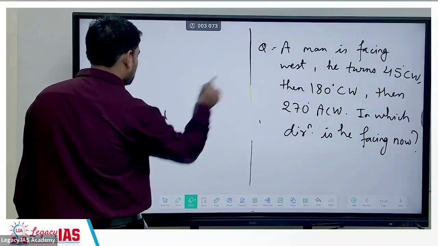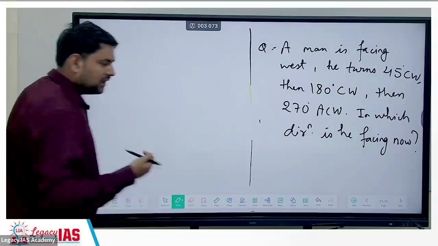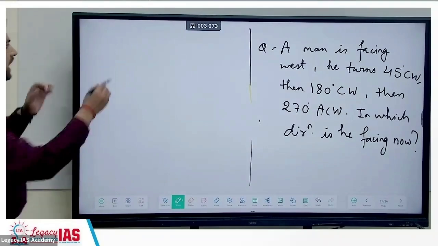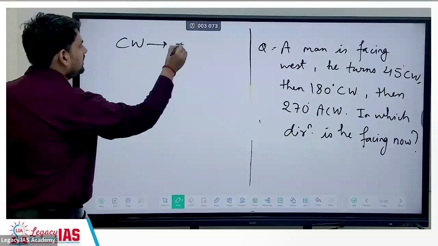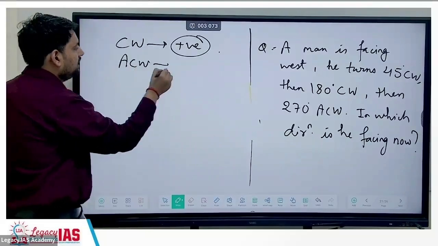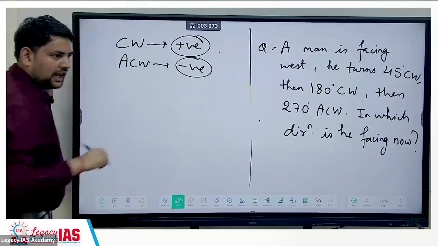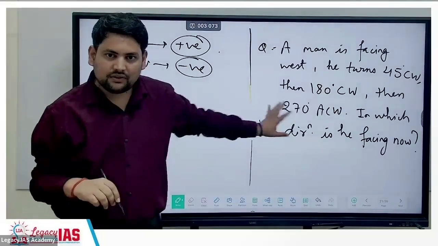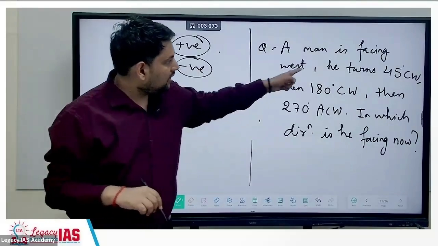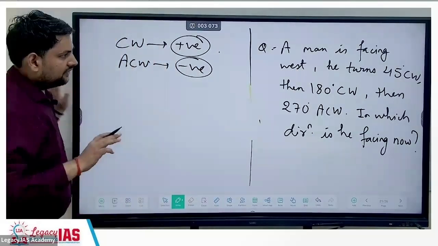So simply what we'll do, we will assume one direction as positive. Let's say I assume that clockwise is positive and anti-clockwise is negative. And now just write this with signs. Okay. So right now, where is he facing? West. Leave that.